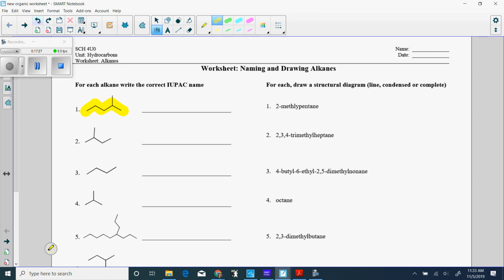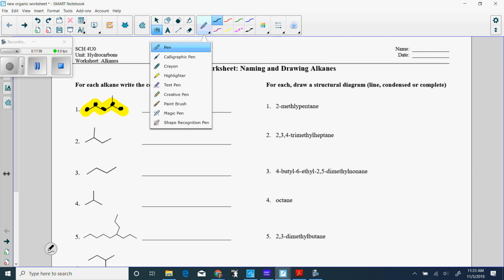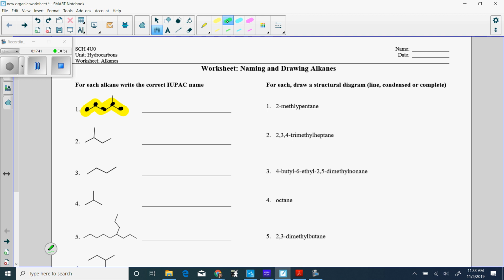So I have 5 and 5. I'm going to highlight what the carbons are, just because we're just learning. So is 5 my longest? Yeah. I'm going to use my green highlighter to look for substituents. Substituents are anything not hydrogen that's hanging off that main chain.